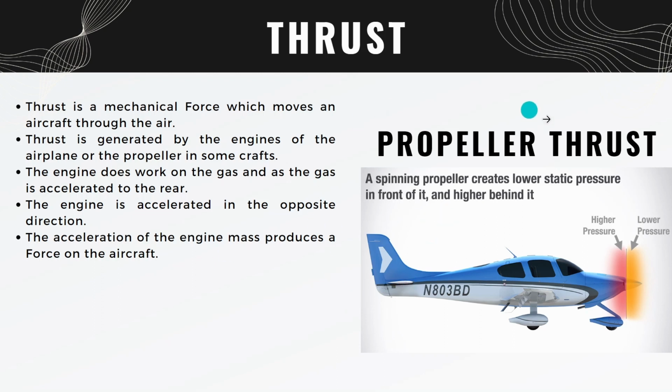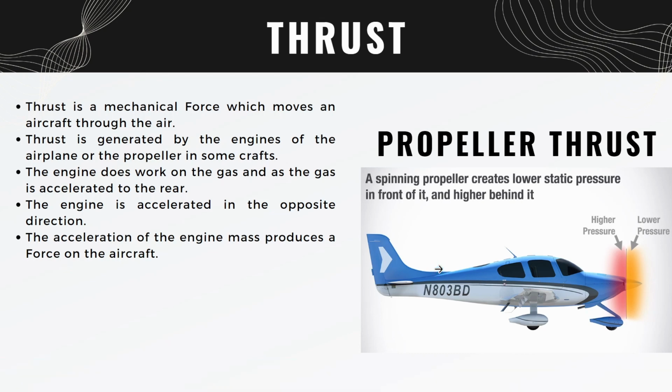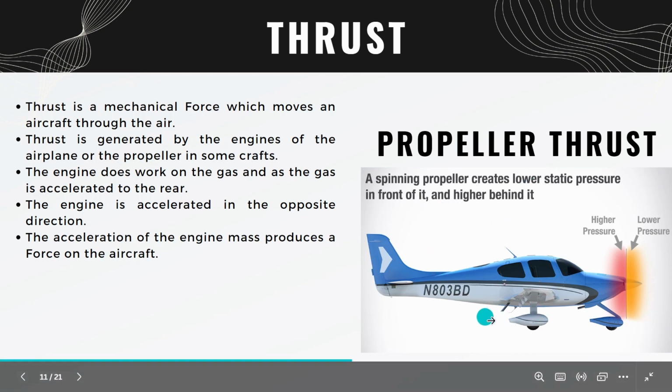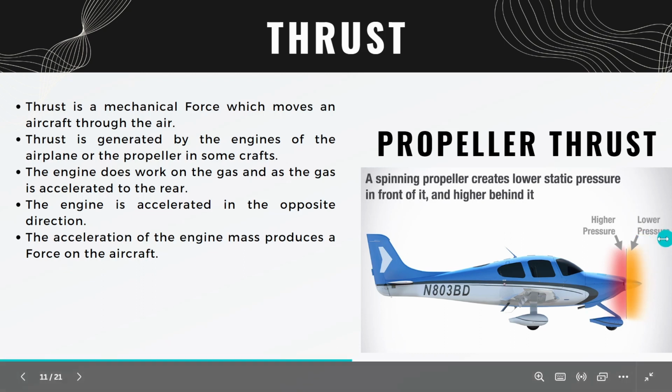Another way the aircrafts generate their thrust is using a propeller. So here is an example of such a case where there's an aircraft and there's a rotor at its nose, and when the air strikes it, it starts to rotate, and as the rotation occurs, the static air pressure at the face of the rotor is lower than at the back of the rotor.